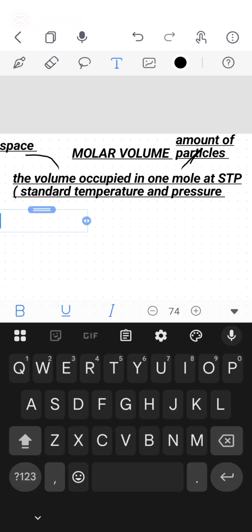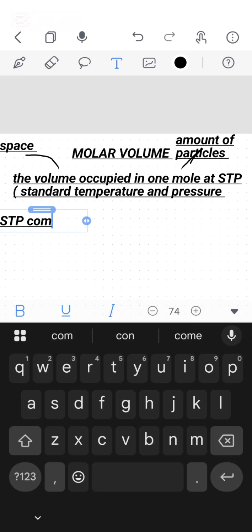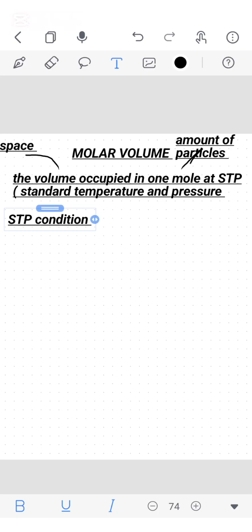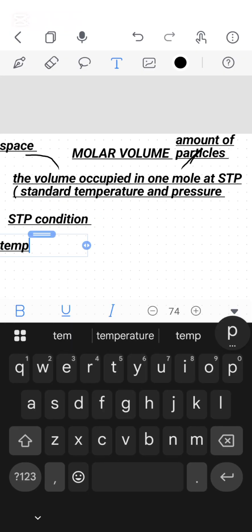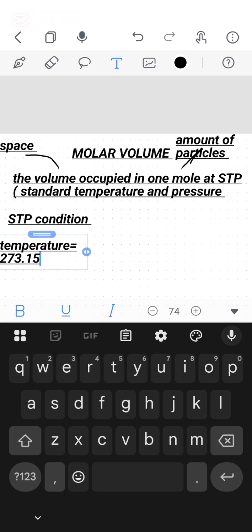So let's understand what STP conditions are. STP conditions say that the temperature value would be 273.15, and the temperature unit is Kelvin.